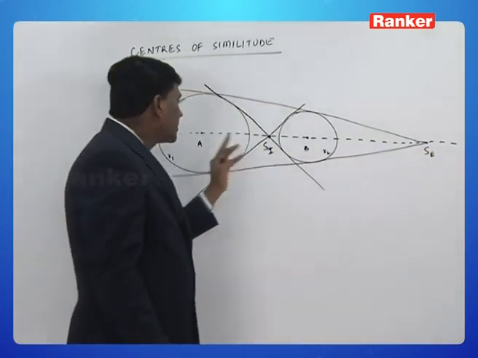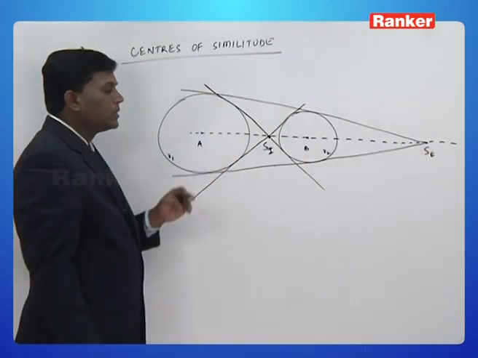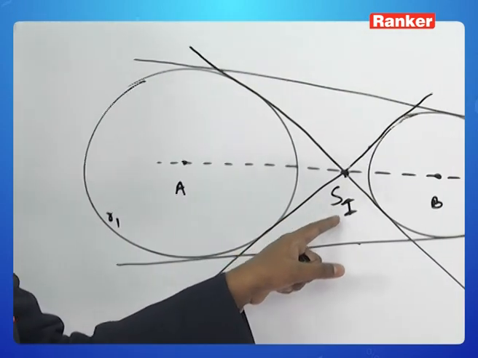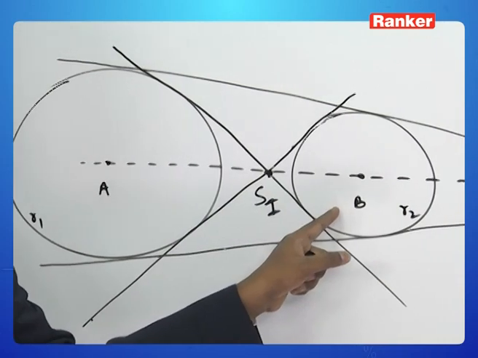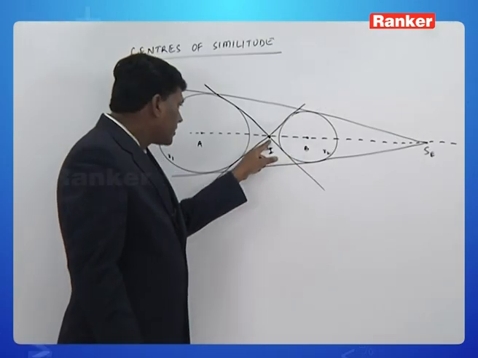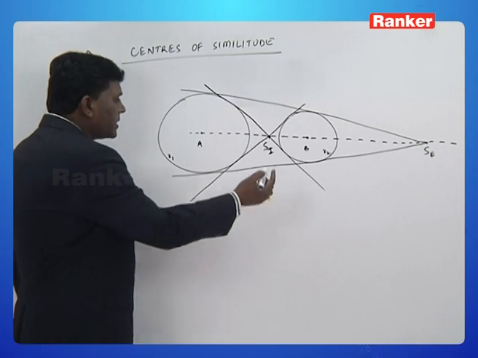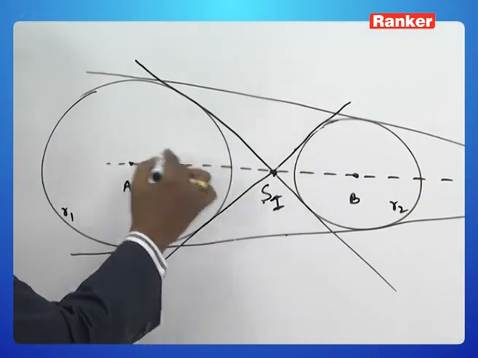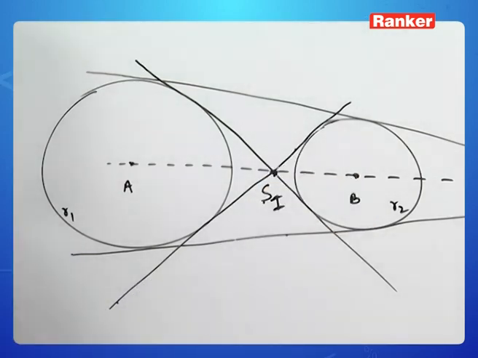These two are collinear with AB. Because this point is dividing these two internally, let us see in what ratio this internal center of similitude is dividing the two centers AB.